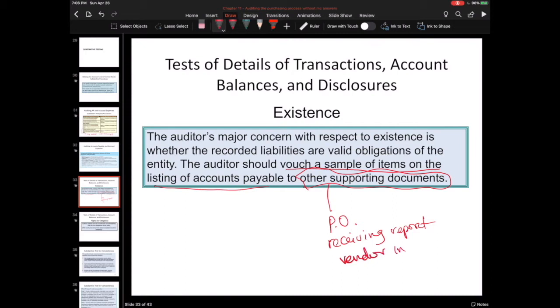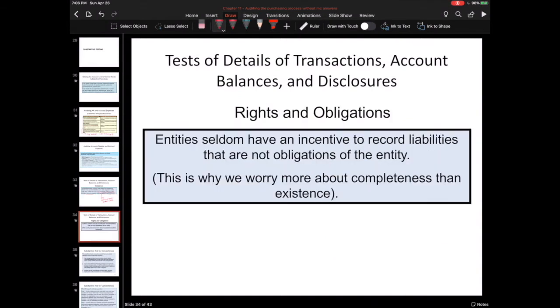And this will help you establish that this is an actual valid payable that should exist as of the current fiscal year end.